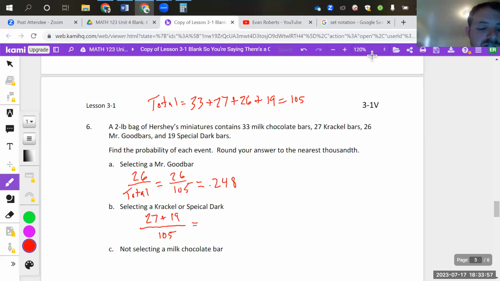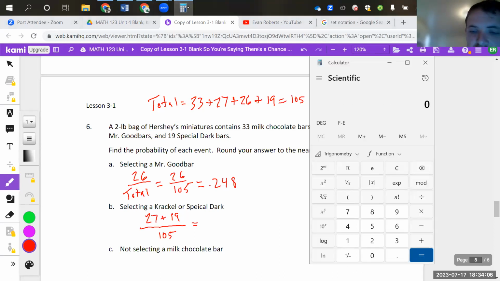That mathematically works as well. But I like when it's all in one fraction personally. So 27 and 19, and I'm going to divide that by 105, which would be 0.438.